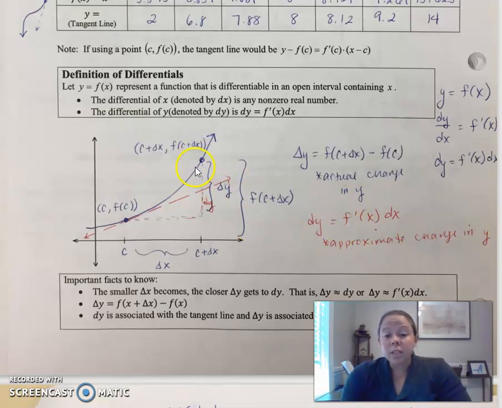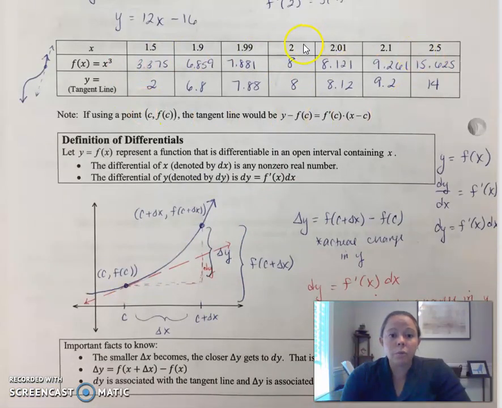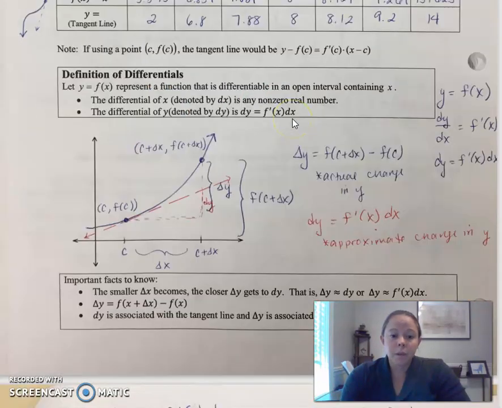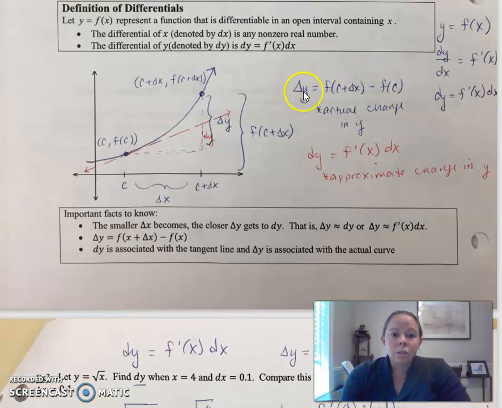But here's another good example of why you want to use points that are close to your original point, so that these two distances are closer together, and that's what this table is showing you. You don't want to get too far away from the point that they share. For the change in y, you subtract the y values, but the dy is the derivative times dx, and you can see how they're very close to each other.